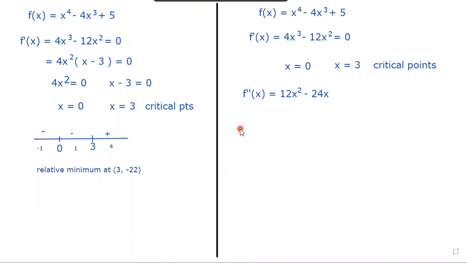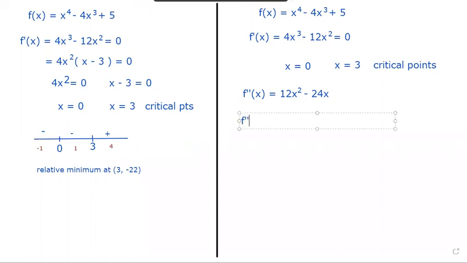Once we plug our critical points in, if our answer is greater than 0, we have a relative minimum. If it's less than 0, we have a relative maximum. But if it equals 0, our test fails. Like I said, you have the notes right there.